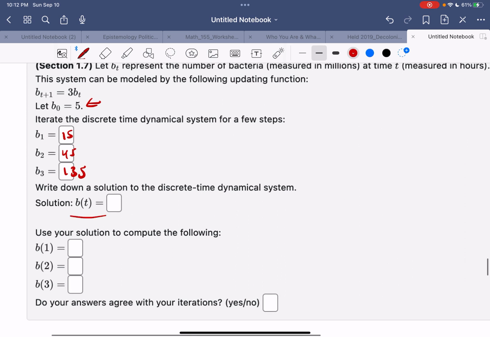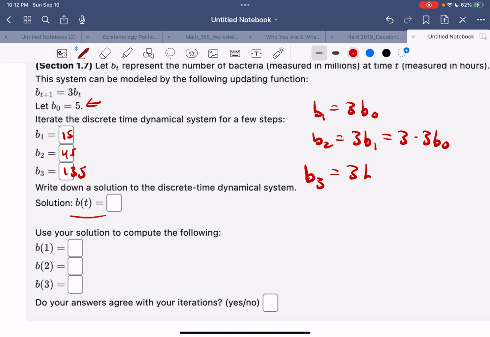Find a solution function. Well, b1 is 3 b naught. b2 is 3 b1, which is 3 times 3 b naught. b3 is 3 times b2, which is 3 times 3 times 3 b naught. Hopefully you've caught on to what's happening here.